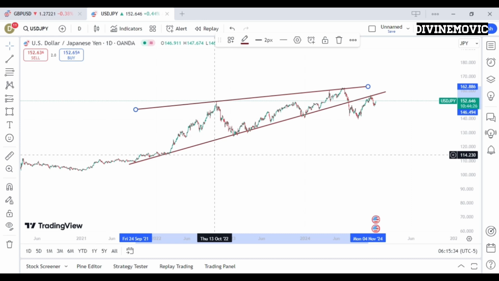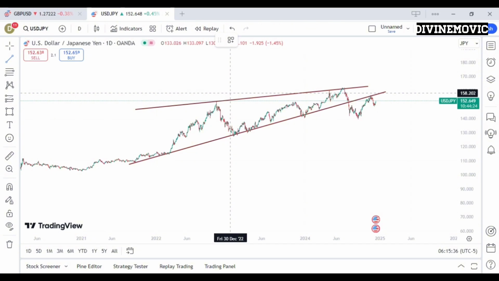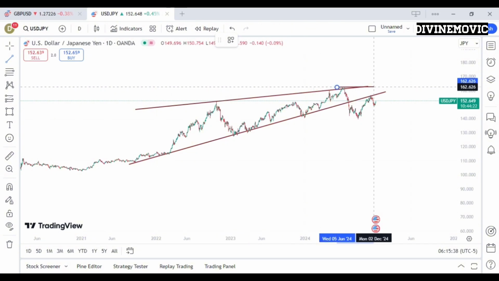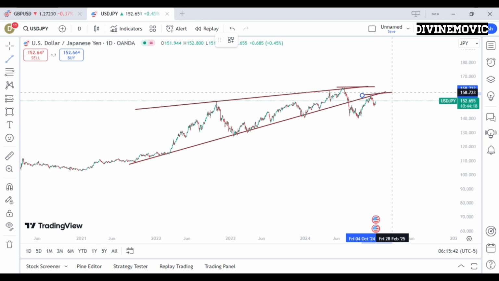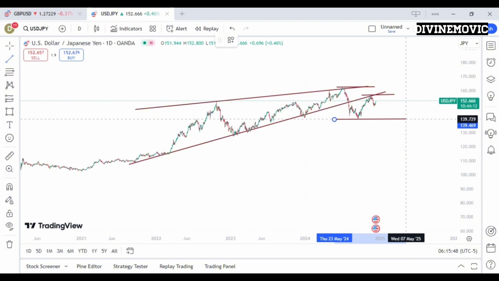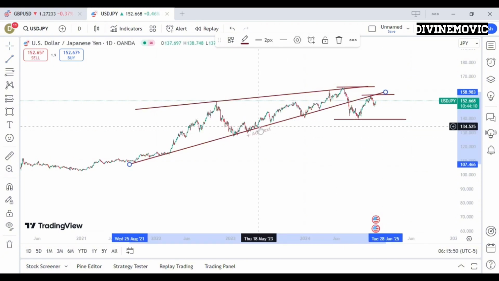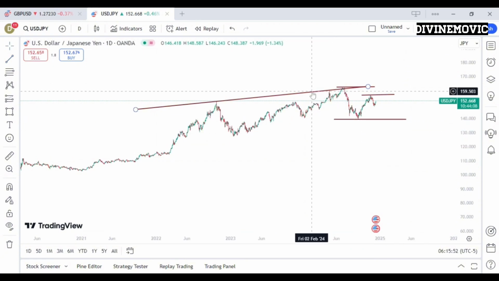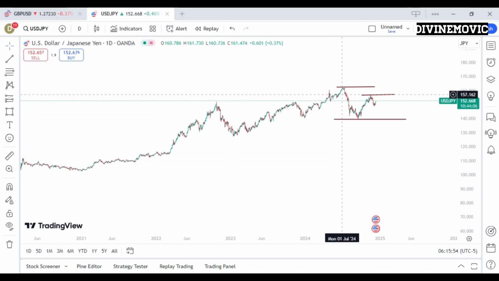Now, to identify our key levels, we want to use here as our resistance key level. We also want to use this place as our resistance key level, and here is acting as our support key level, right? That means on this particular pair, we're able to identify 3 key levels: key level 1, key level 2, and key level 3.